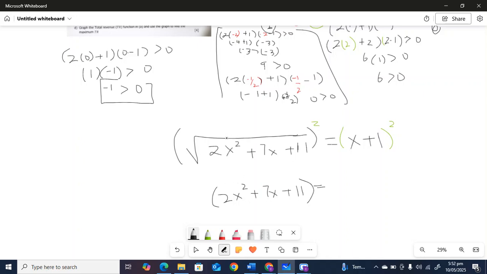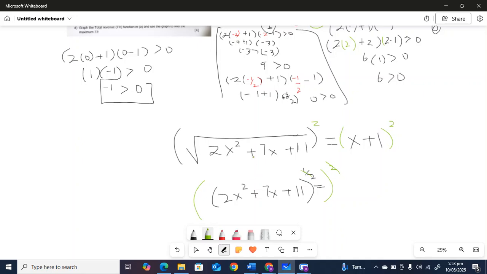Remember from indices, the root is the same as to the power half, right? So like the root is like to the power half. So when you square it, multiplying it by 2 here, half times 2, that is 1.